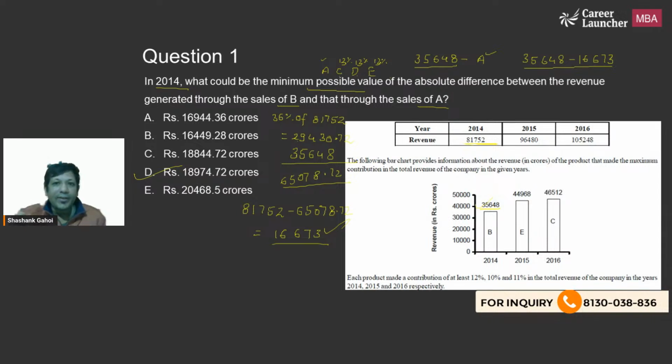So basically what I was doing, if I want to maximize A, I have to minimize C, D, and E. So C, D, and E is 36%. C is 12%, D is 12%, E is 12%. So 36% of 18,752 gives you something like this.